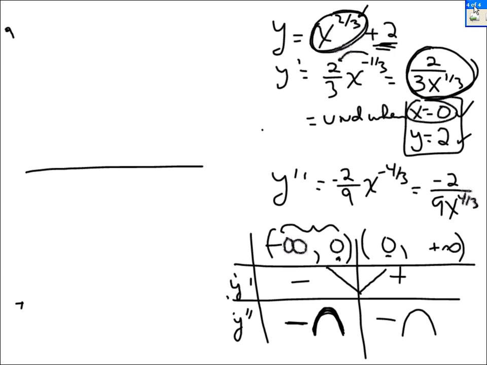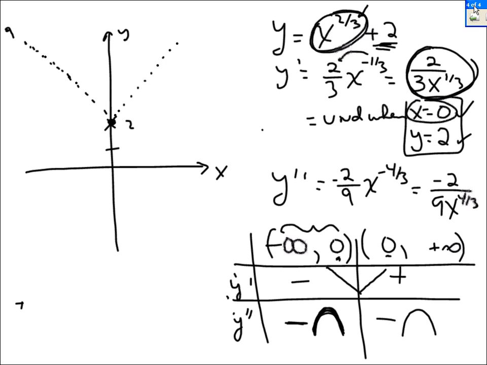Okay, so the only real point that came up was 0, 2, right there. And the first derivative tells me, well, first it came down, and then it went up. The second derivative gives me the flavor. Along this first path, when x is less than 0, if you're part of this, but you have to be on this dotted line, well, then you're this portion.